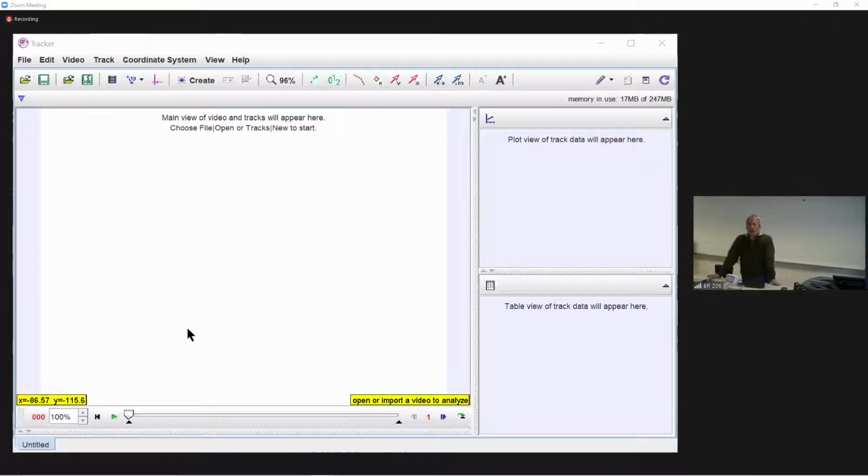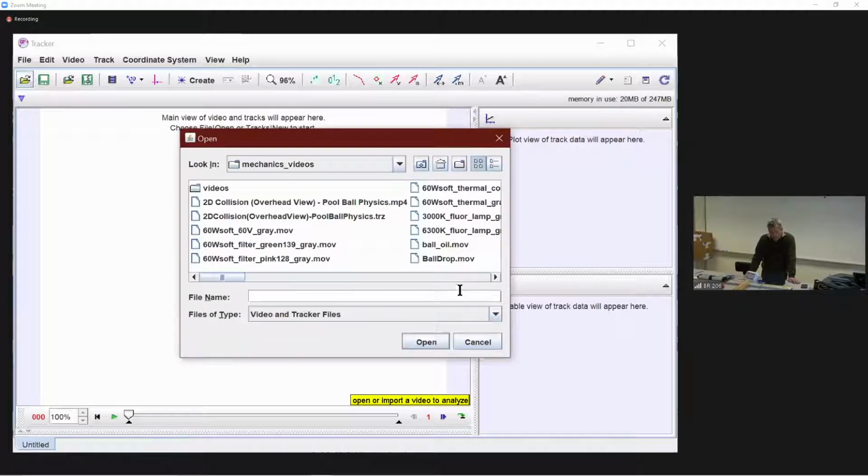Okay, the second part of the lab exercise is to actually calculate the change in momentum in a collision of two objects. Okay, and to do that, we're going to use tracker. Hopefully you all remember how to use tracker, right? So here's tracker, this software, and you're going to open this file that I uploaded onto Canvas.